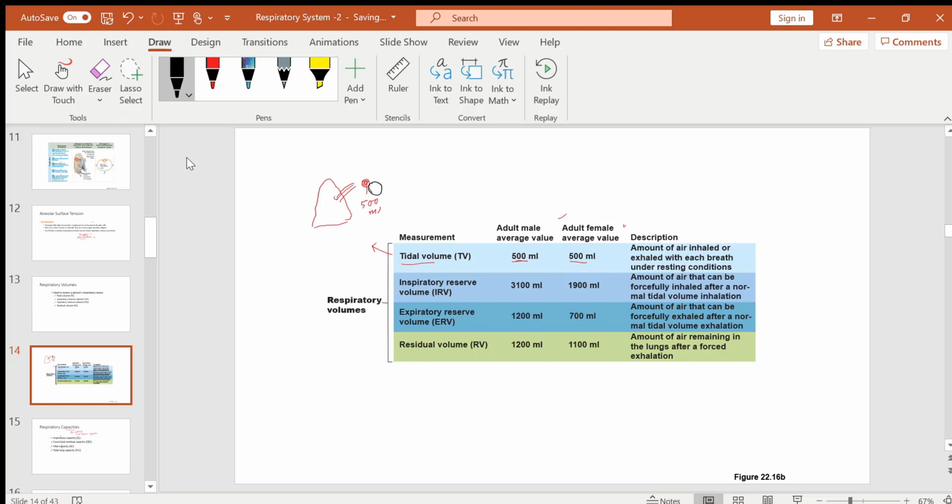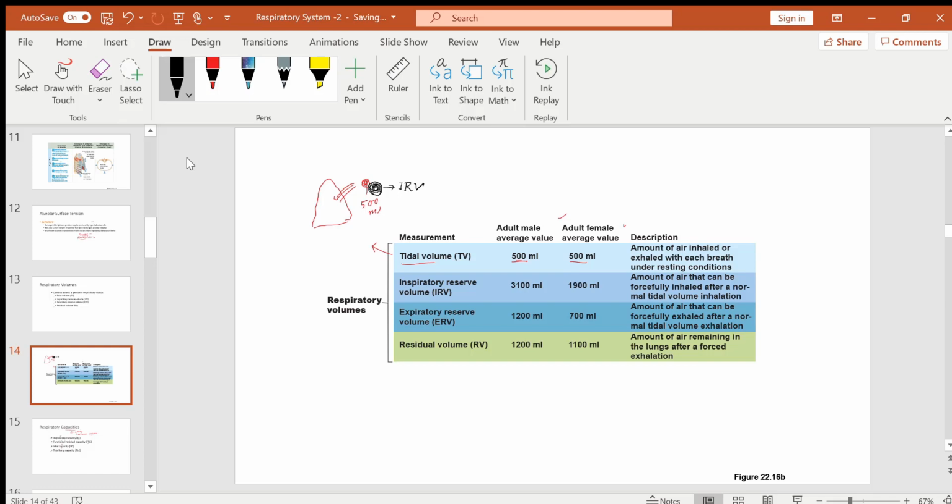So after you take the normal amount, you can take a lot more by forceful inspiration, right? So this extra volume that you can take, normally we don't, but if you forcefully, as much as you can take, that extra volume is called inspiratory reserve volume.